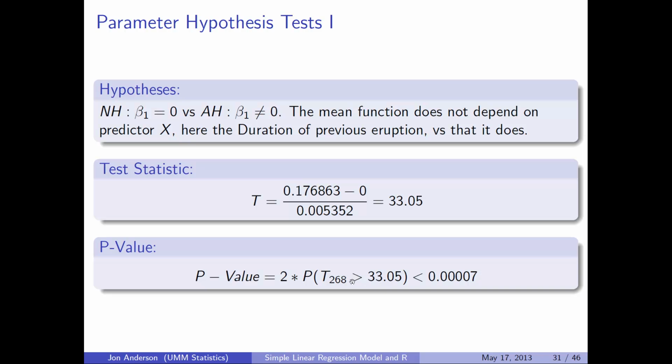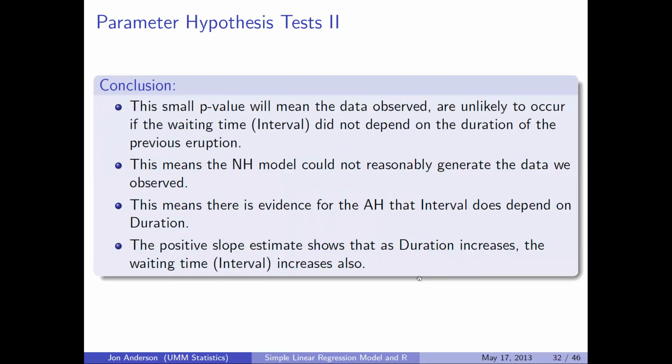And because the t-distribution is symmetric, we only need to look up the upper tail of the t-distribution and just multiply that by 2, which will give us the same probability in the lower tail. And so the upper tail plus the lower tail is the same as just taking 2 times the probability that we would observe something like that greater in the upper tail. And you'll notice that if you calculate that probability, it is exceedingly small. And on the next page, we'll talk about what that means.